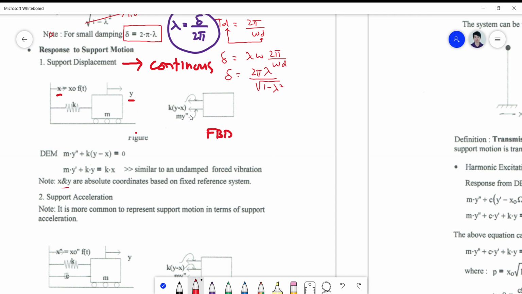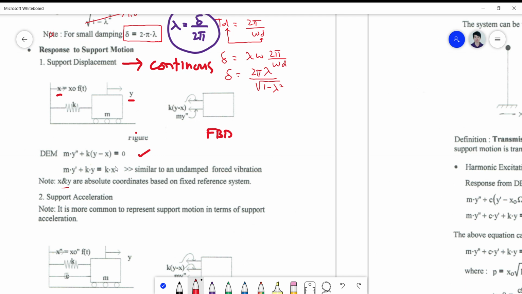Okay, so if we add the two, there are no forces involved, considering a free vibration. We now have a simple differential equation of motion in the form m y double prime plus k quantity (y minus x) equals 0, and this can be transformed into a simple differential equation of motion, which is now a forced undamped vibration.